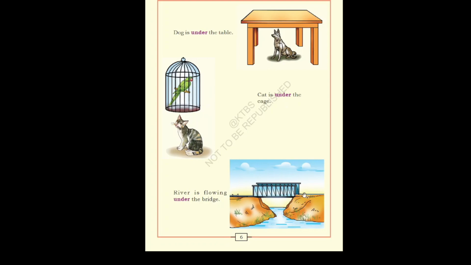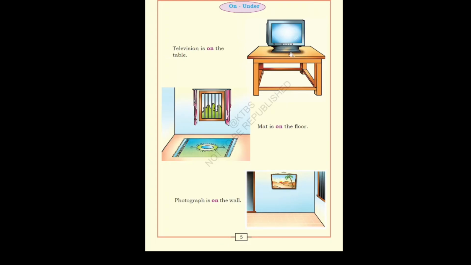So we just remember the point that any two objects we can see: TV and table, mat and floor, photograph and the wall.